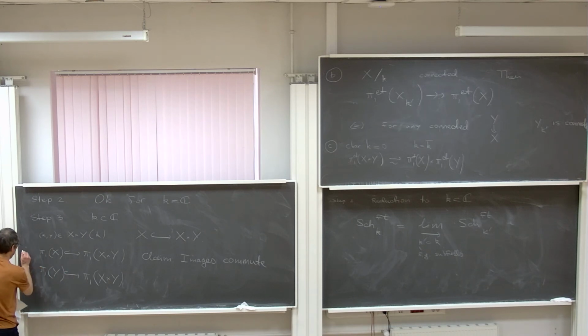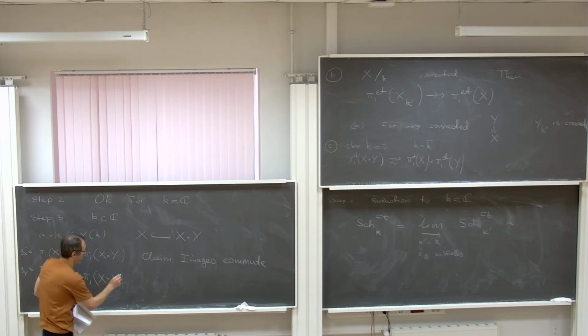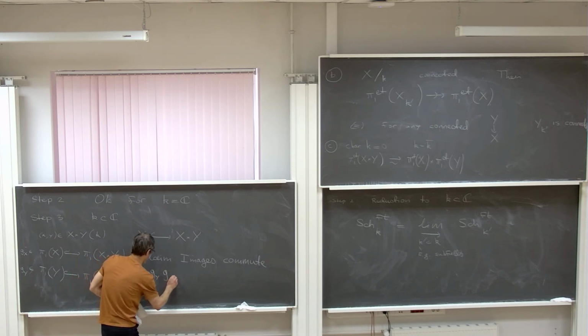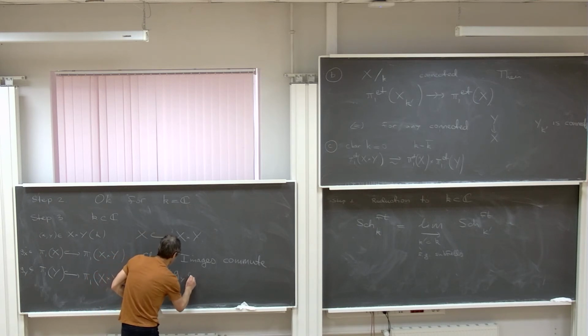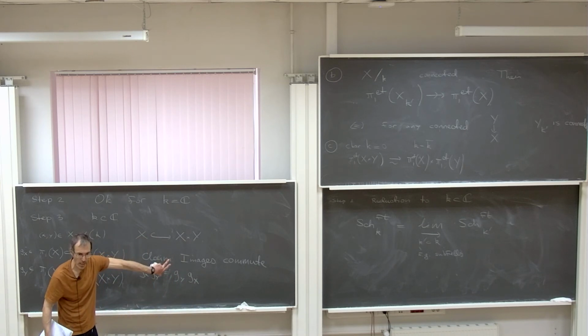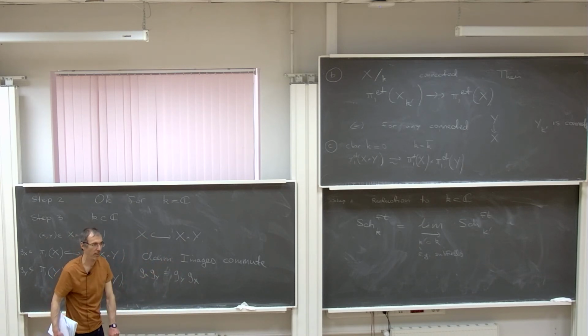So if you have some element gx here and gy here, then what we want to show is that gx gy is equal to gy gx. And this is also a deep statement. It's not true in characteristic p.